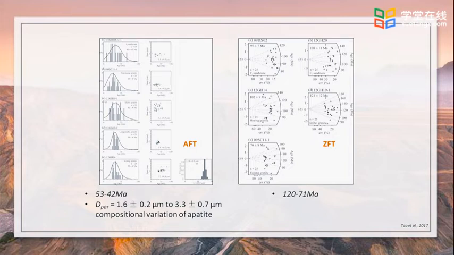We can see that the Dpar of the collected samples ranged from 1.6 plus minus 0.2 microns to 3.3 plus minus 0.7 microns. This is an indication of compositional variation of the collected samples.